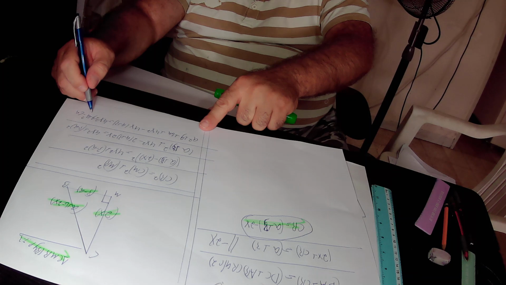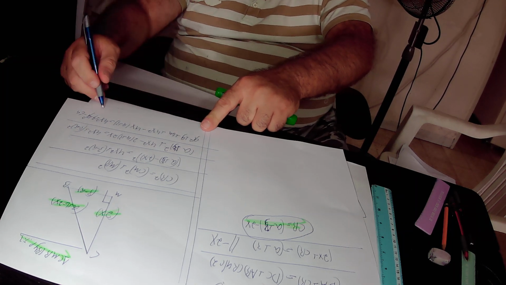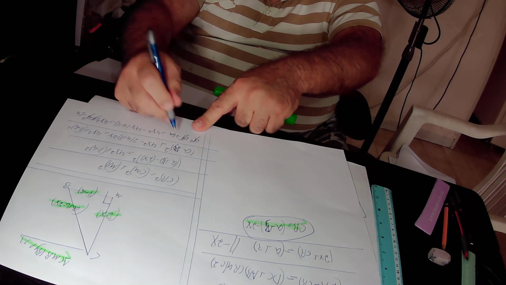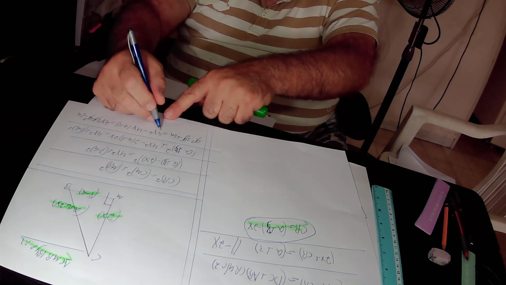So here we have a squared on both sides of this equation, so a squared gets cancelled. And we have 9 on both sides, so 9 also gets cancelled. And we have 4x squared on both sides, so 4x squared also gets cancelled.